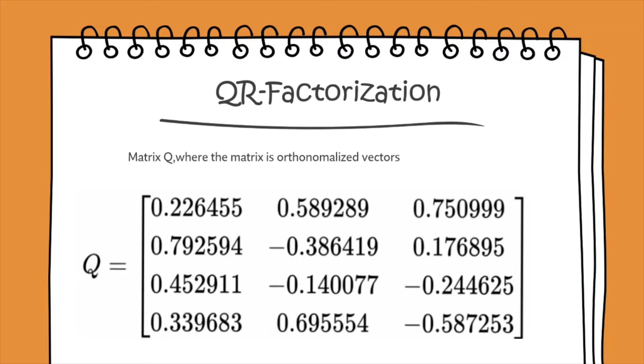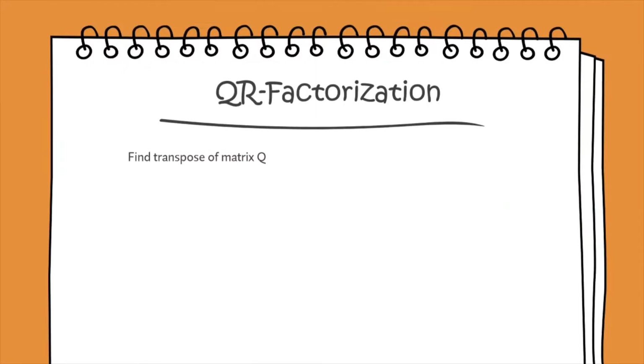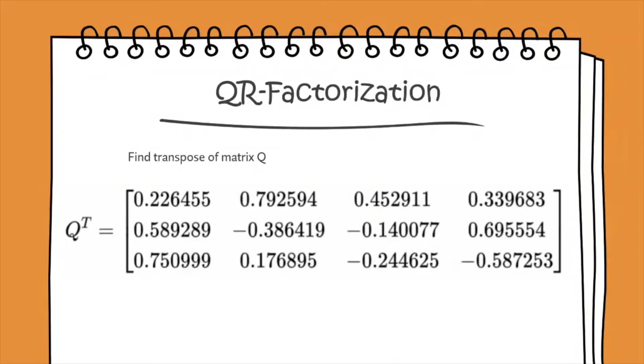And after we get our Q, we have to transpose our matrix Q. So this is our Q transpose.